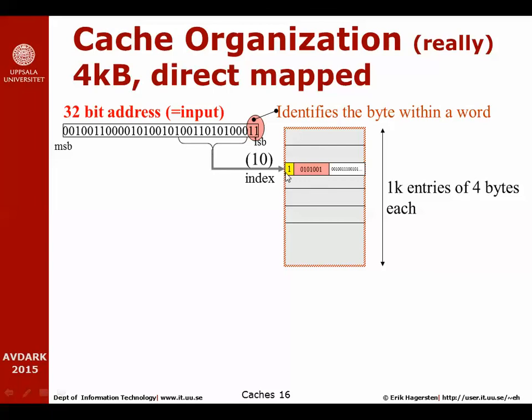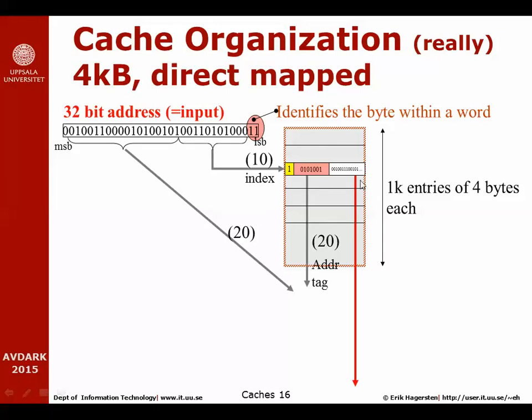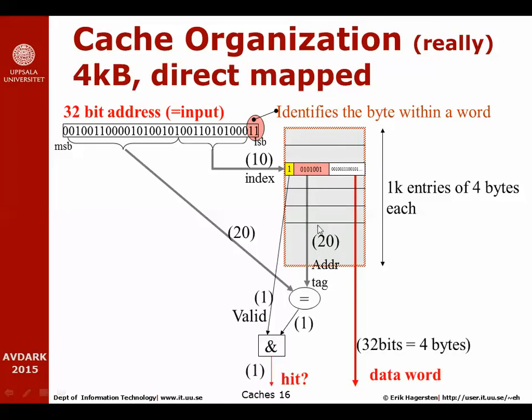for the index function on this cache. In the place in SRAM identified by these 10 index bits, we're going to read out the value stored there. And in order for us to determine if the piece of data we're looking for is indeed in the cache, we're going to compare the 20 address tag bits with the part of the identifier that wasn't used for the index function.